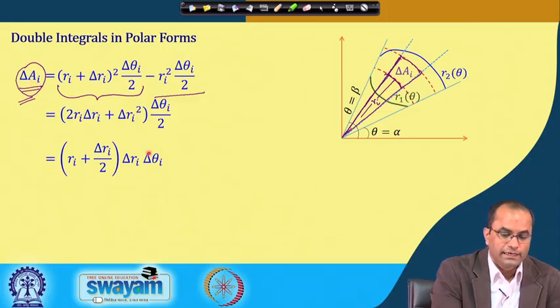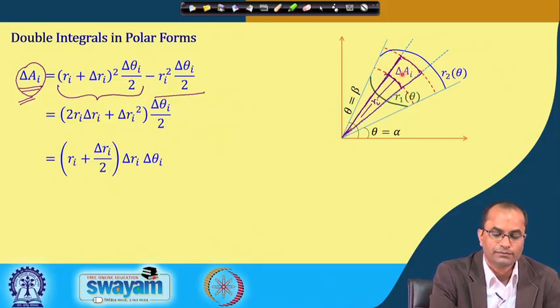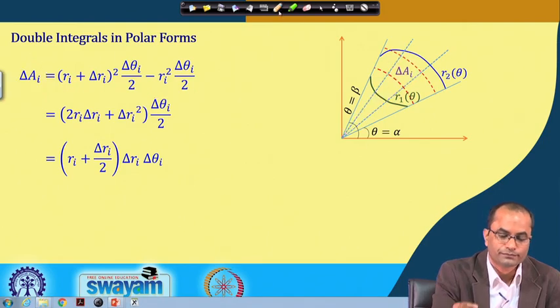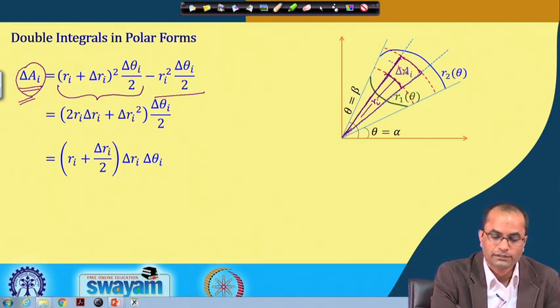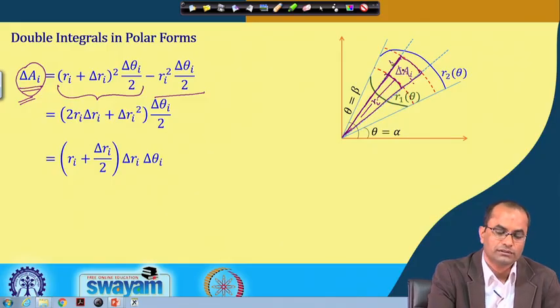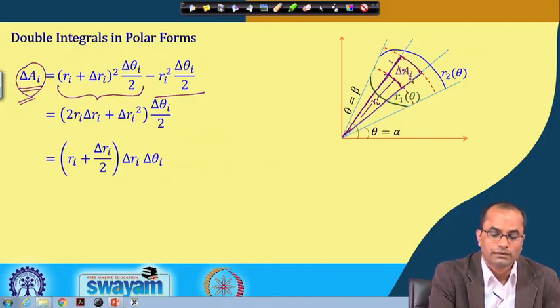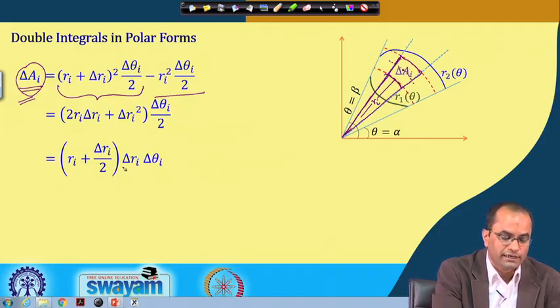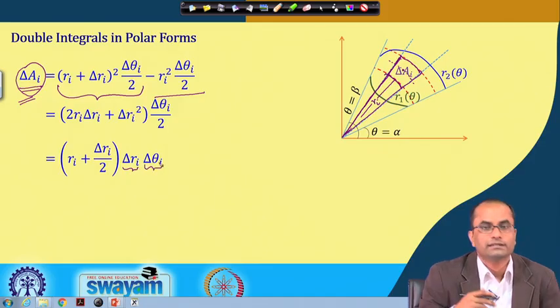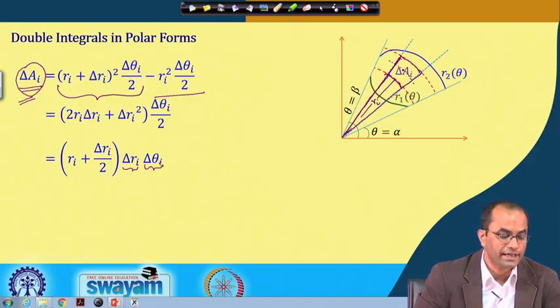So, this delta A_i, the area of this region, is given by this expression here, which is r_i plus delta r_i by 2, times delta r_i delta theta_i. This r_i plus delta r_i by 2 is somewhere in the middle here. So, this is the circular arc which has the radius r_i plus delta r_i by 2, and then we have delta r_i and delta theta_i, the increments we have made in the radius and also in the angle.